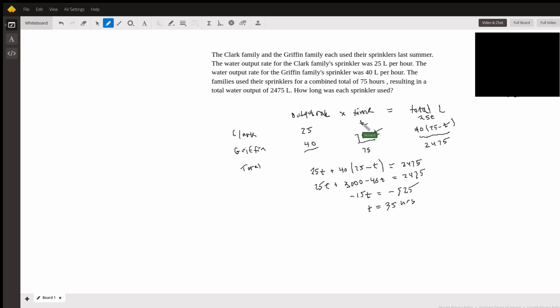So Clark ran theirs for 35 hours, so this would be Clark. And then Griffin is going to be 75 minus 35, so 40 hours for Griffin. And that is that. Pretty simple.